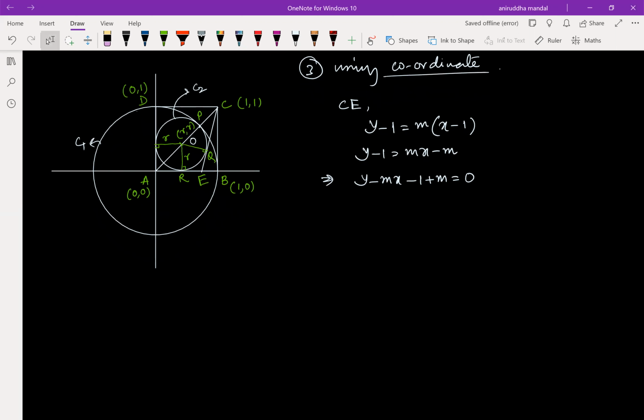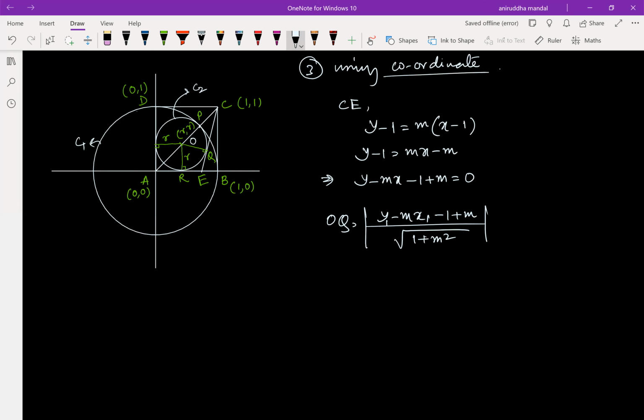Now, as O is the center of the circle, and from O a perpendicular is dropped on the tangent CE, we can use the perpendicular distance from a point, say OQ, equal to y minus mx minus 1 plus m over under root 1 plus m square.